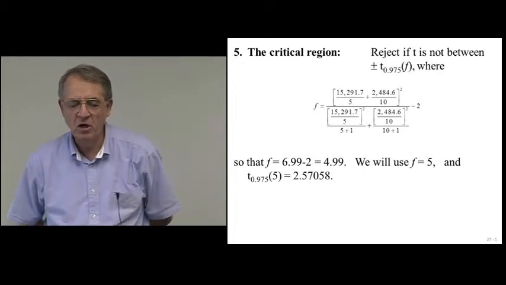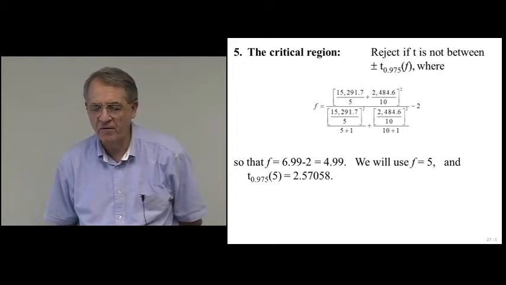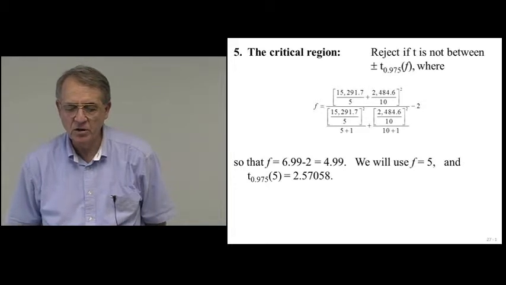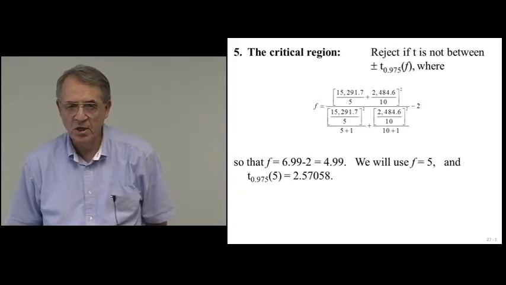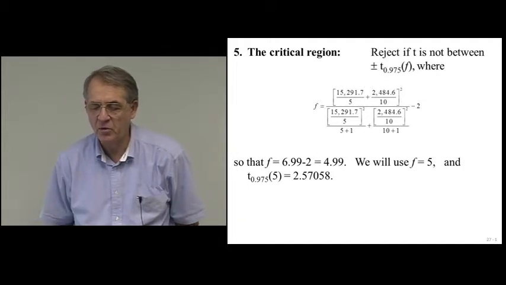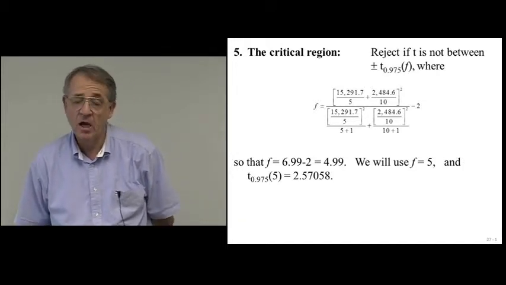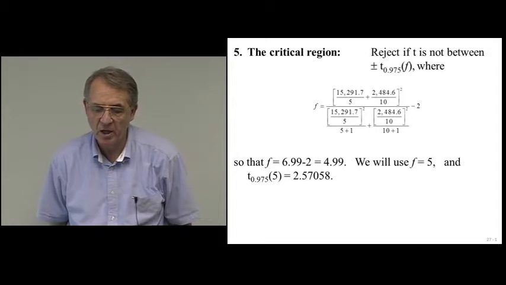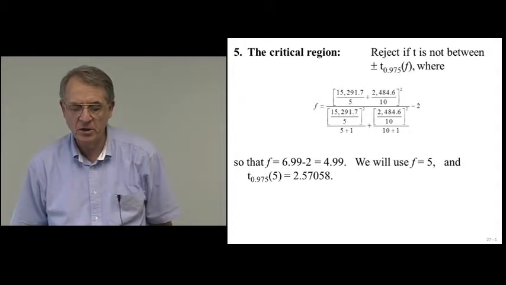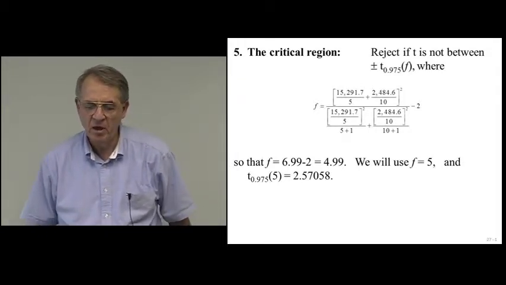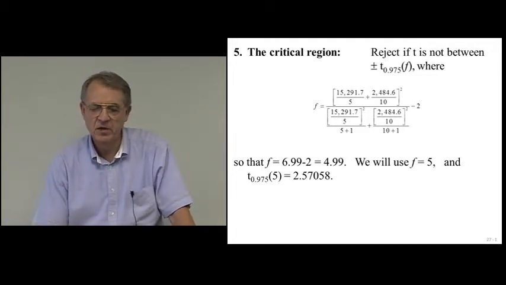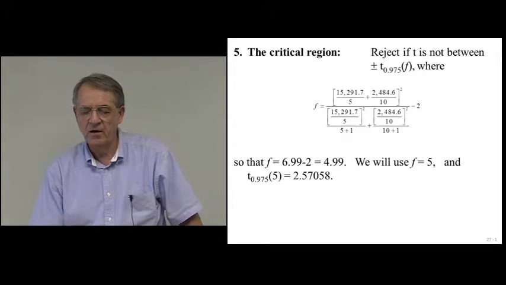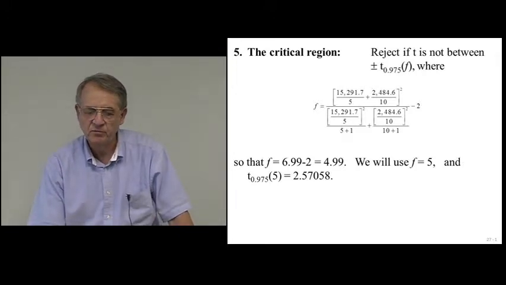If you plug all the numbers into the formula and finish the calculations, you'll see that f is equal to 6.99 minus 2. So that's 4.99, so we'd use f equal to 5. Then if you look in the tables for t sub 0.975 with 5 degrees of freedom, you see that it's 2.57058. That defines the critical region for us.